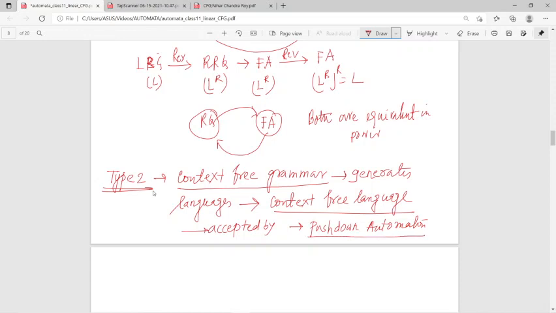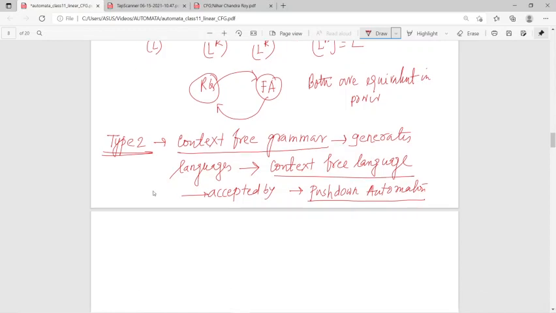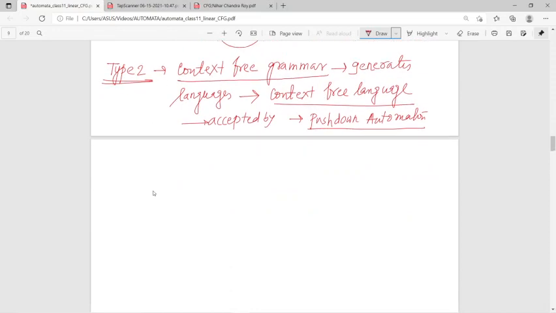So the context free grammar generates a language named context free language, and this language is accepted by the push down automaton. The grammar is written like this: A derives alpha, where A belongs to the set of non-terminals, and alpha belongs to the union of terminals and non-terminals, and the combination of that.